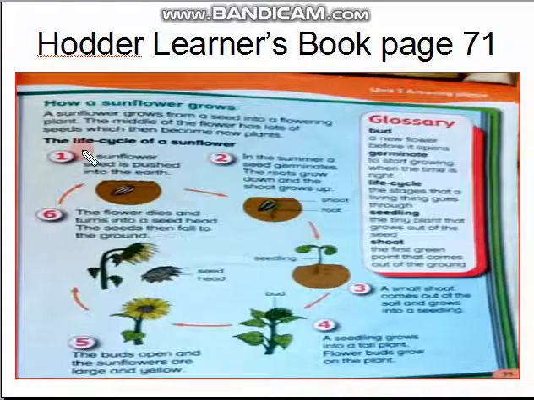We have these numbered points, 1, 2, 3, 4, 5, 6. Also we have photos or pictures, and now we have this one word only inside this diagram.